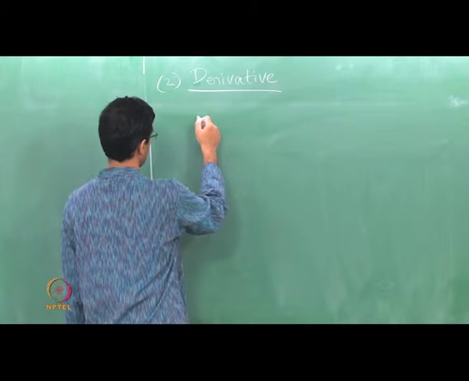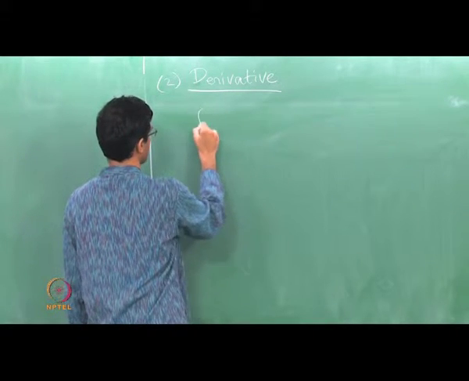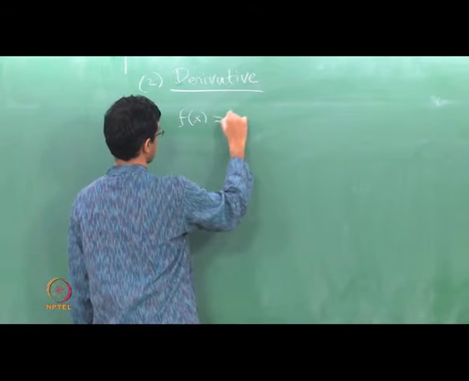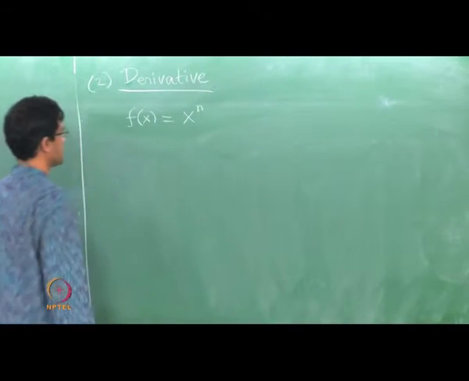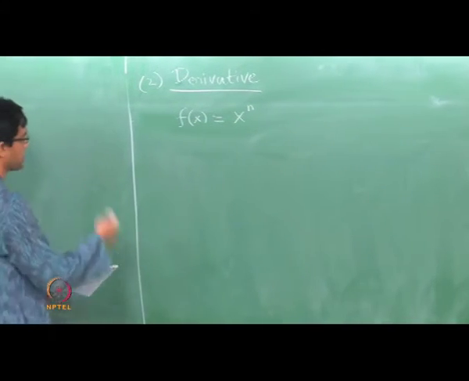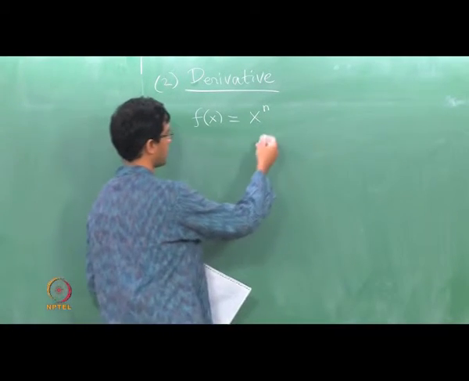So what's the derivative of x power n, for example? If I take a polynomial f of x, which is some power of x, so n here is, for us, since it's a polynomial, n greater than or equal to 0.